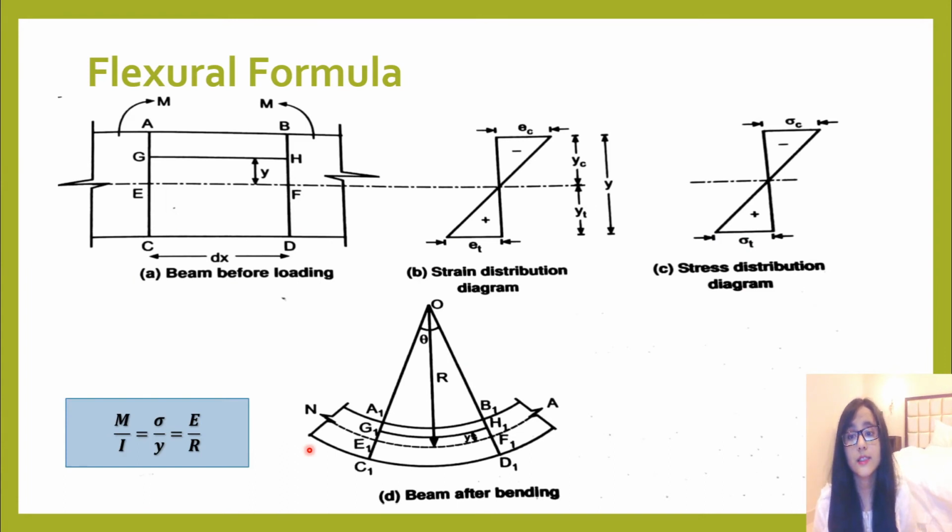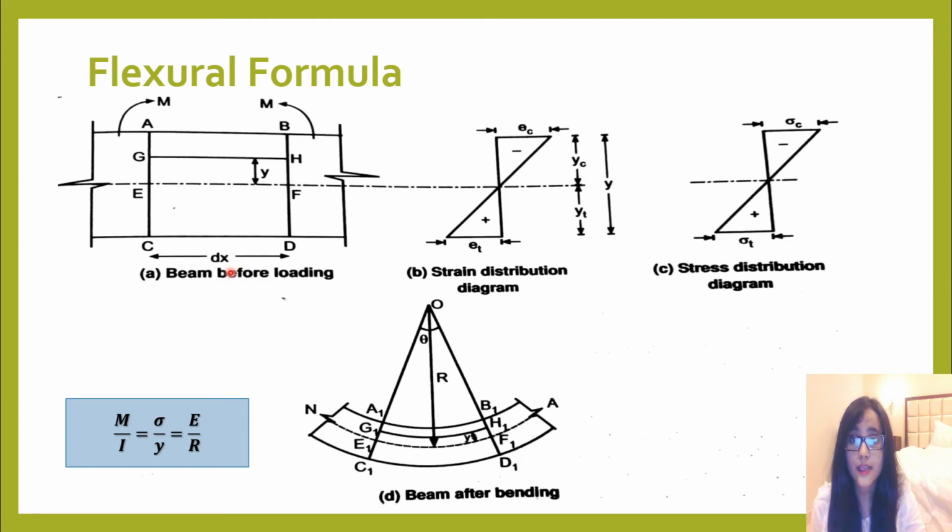Now next is the flexural formula. अब यहाँ पर आप ध्यान से देखो. Now let us consider a slice. अब यहाँ पर इतना slice पे A, B, C and D, ये हम एक beam का section मान लेते हैं, and it has a small length. उसका length let it be dx, right?